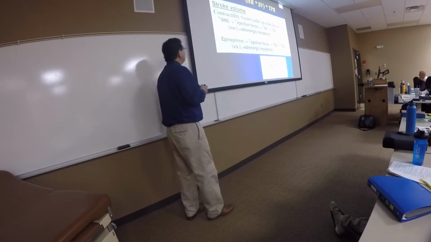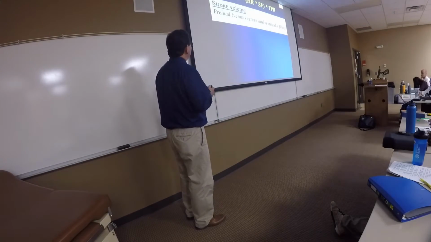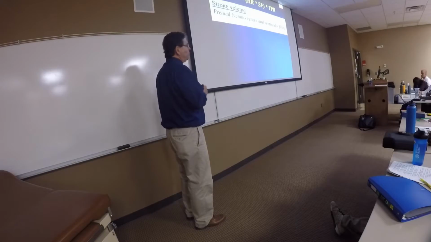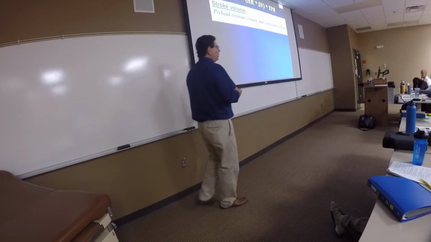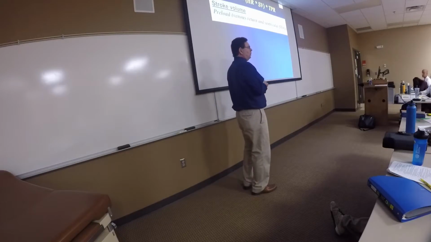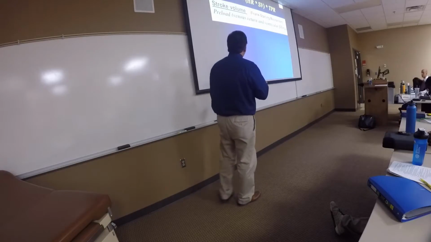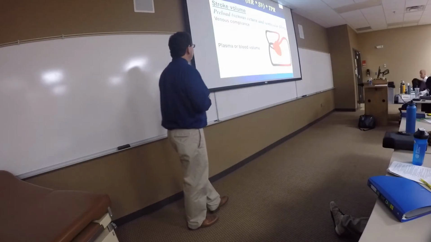So preload is really set by venous return. More venous return, more filling of the ventricle, less venous return, less filling of the ventricle. And yeah, this is the Frank-Starling mechanism.